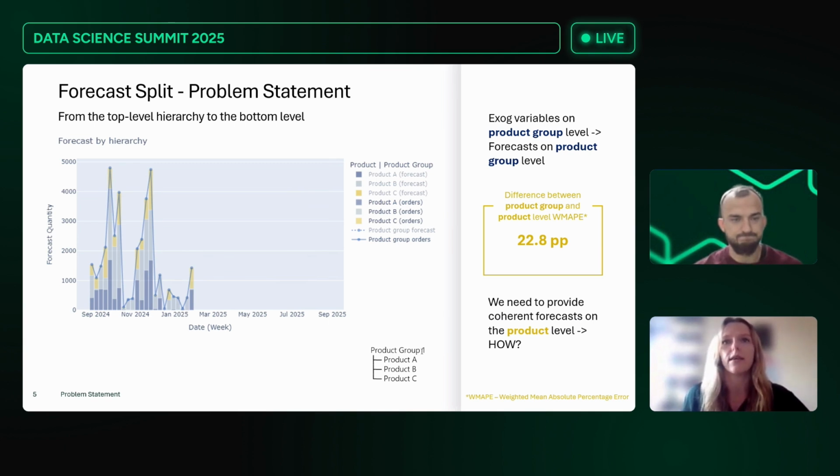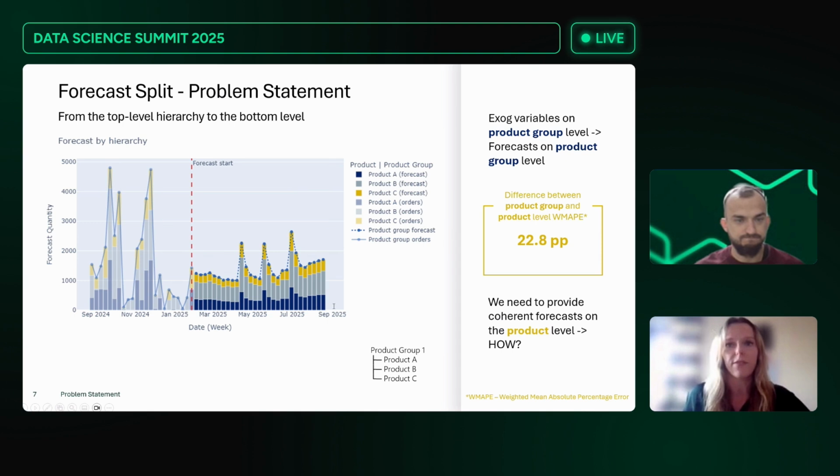The stacked bars represent the demand for each individual product within that group. We generate the forecast on the product group level because of the availability of exogenous data like promo, but our demand planners need more granulated forecasts on the product level as well.